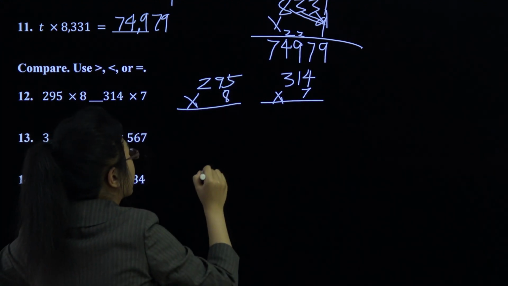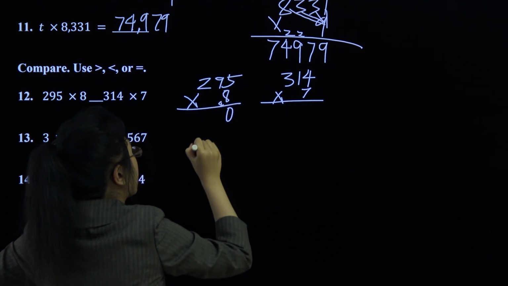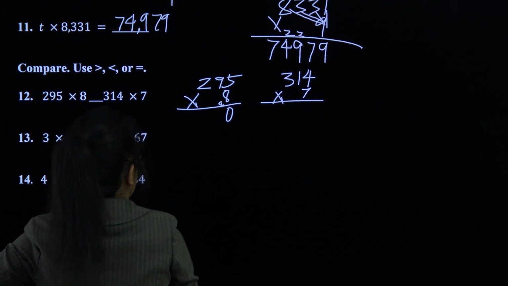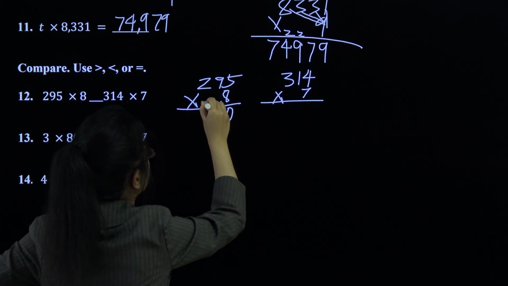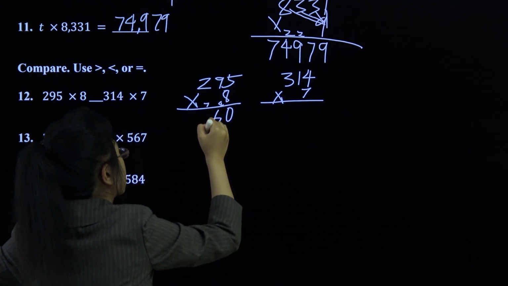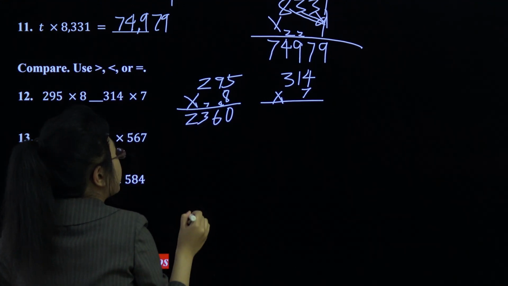So 8 times 5 for the ones place, 40, you regroup. 8 times 9 for the tens place is 72. 72 plus 4 is 76. 8 times 2 is 16. 16 plus 7 is 23.